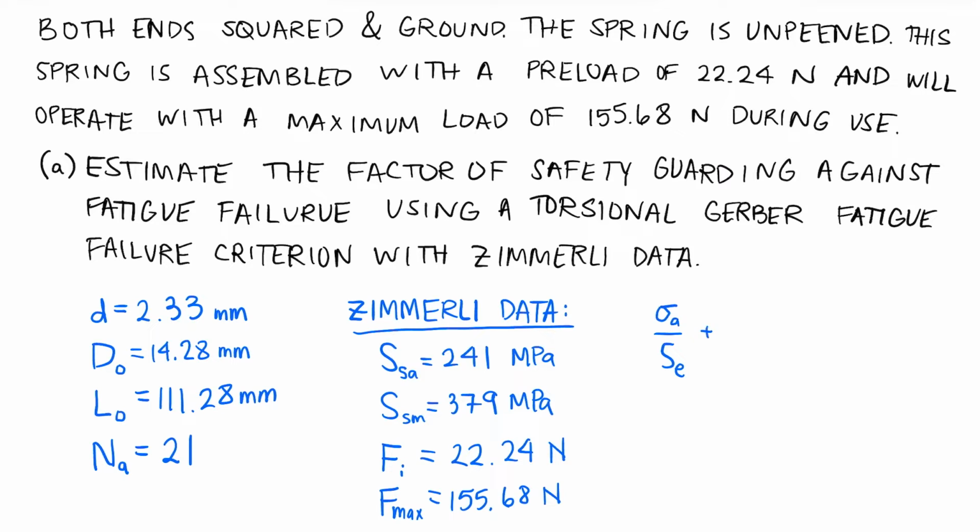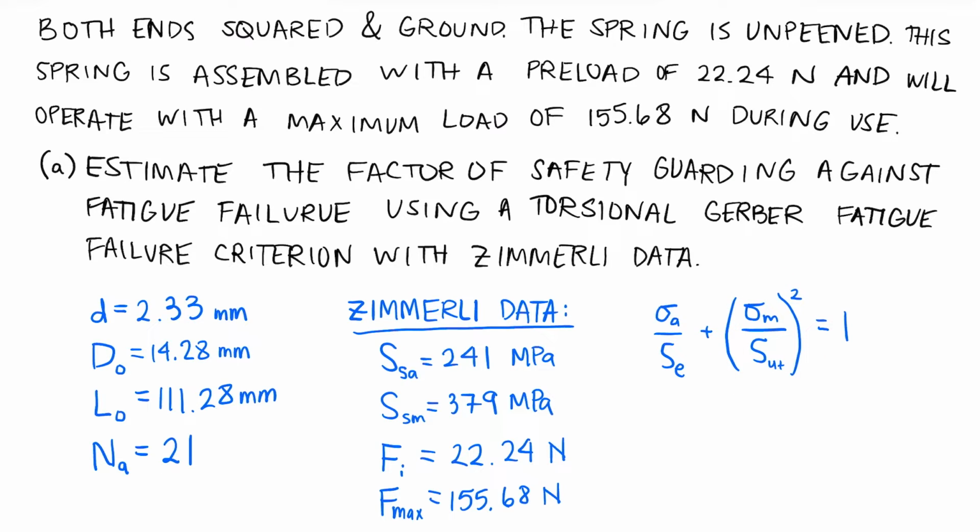So let's write out what the Gerber failure criterion actually is. It is our alternating stress over the endurance limit plus our mean stress over the ultimate tensile strength squared equals 1. It looks really similar to the Goodman failure criterion, which we have used a lot, except for this second term obviously is squared.